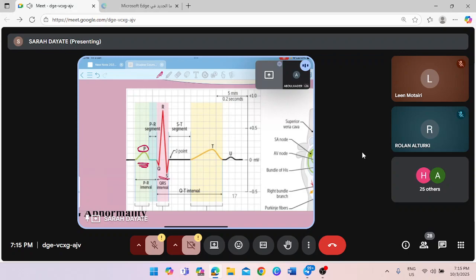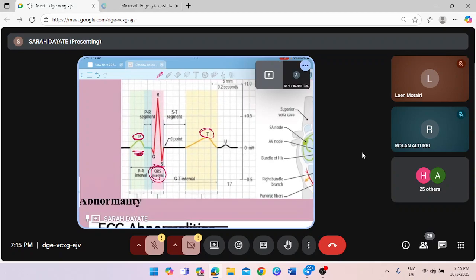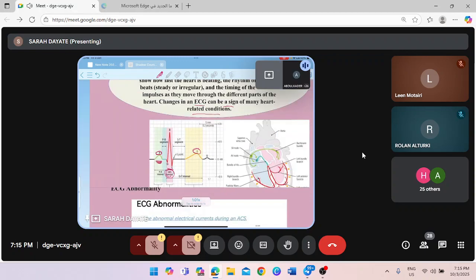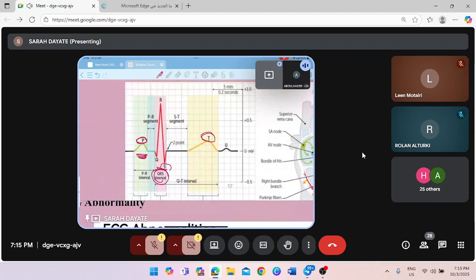This is why it's hidden. So we say the QRS is mostly related to the ventricular depolarization, and then the T wave is basically the ventricular repolarization or relaxation. So when we talk about myocardial infarction, we will focus on the ST segment, which is the segment from S to T. Is it depressed, or is it elevated, or is it normal? This is important for us.